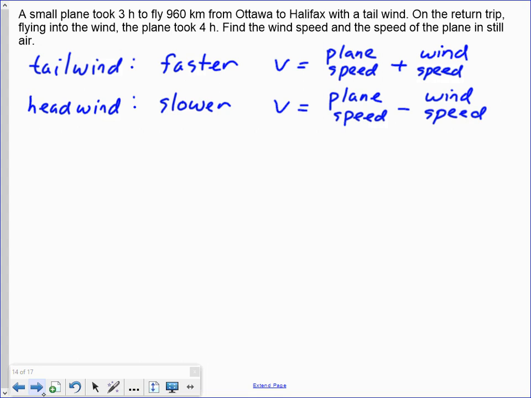So what is the question that they're asking us here? Find the wind speed and the speed of the plane in still air. So we're going to use variables to represent those two things.